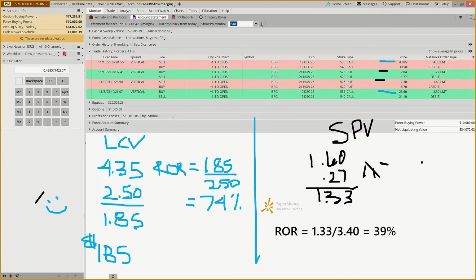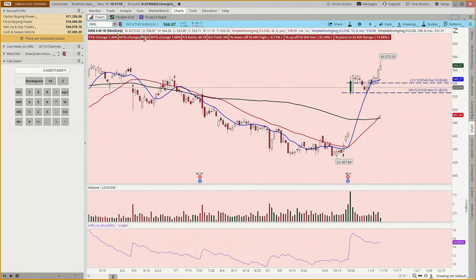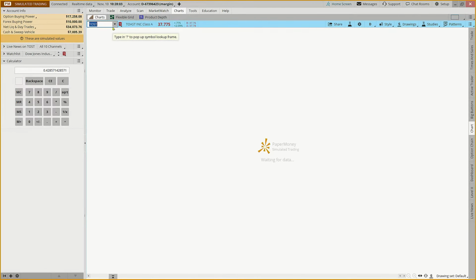So paper money fills, sometimes they can be close to a live account, and sometimes you get what you call a paper money fill, and it's just more advantageous. Another trade that we did on Friday was on Toast, and it was a bearish trade. And on Toast, well, we got toasted.